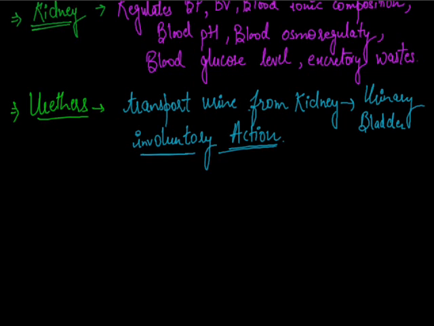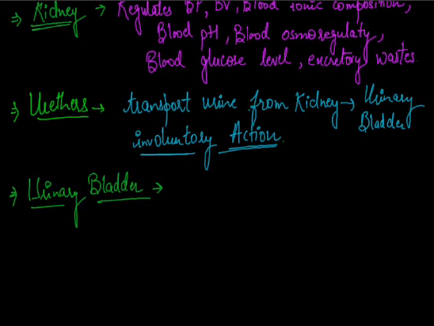Now the next is the urinary bladder. The function of the urinary bladder is only to store urine which has come from the kidney through the ureters for some time. Then the next is the urethra.